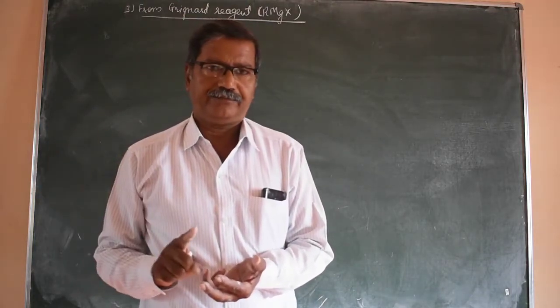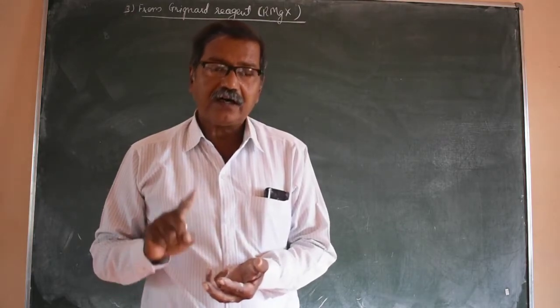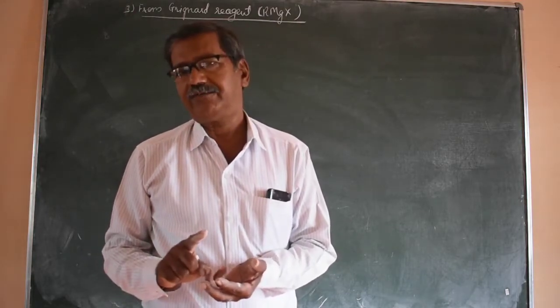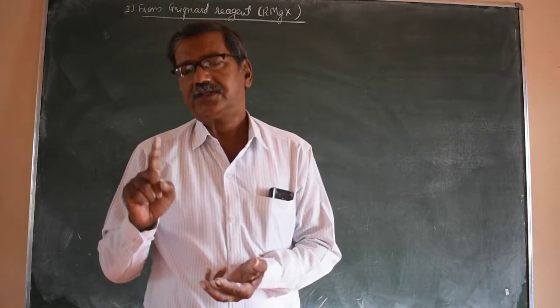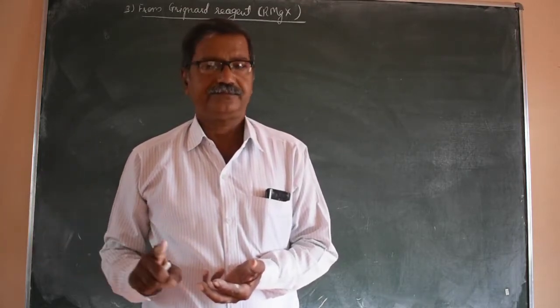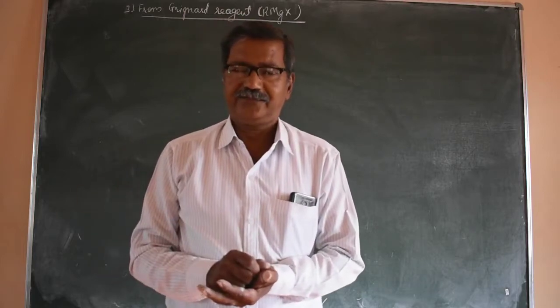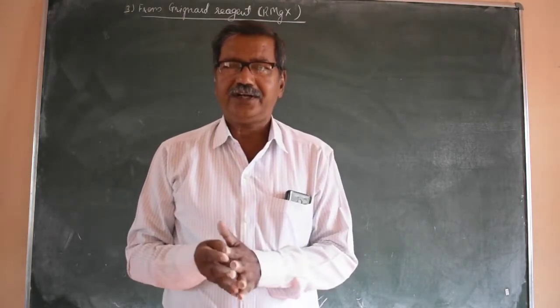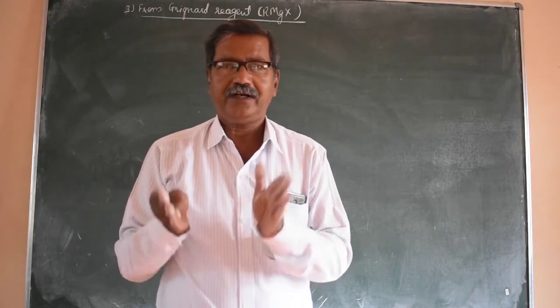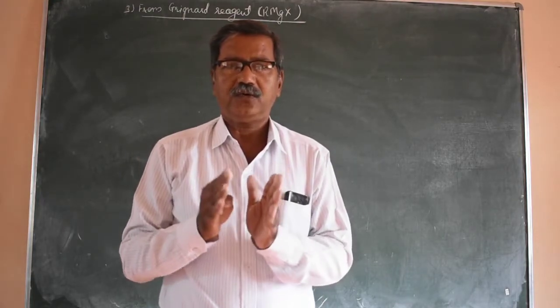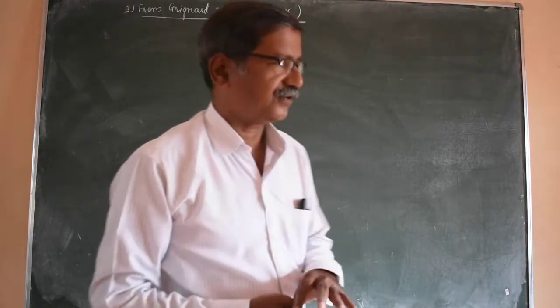Aldehydes other than formaldehyde give secondary alcohol, and ketones give tertiary alcohol. So from the Grignard reagent we can prepare 1 degree, 2 degree and 3 degree alcohol.